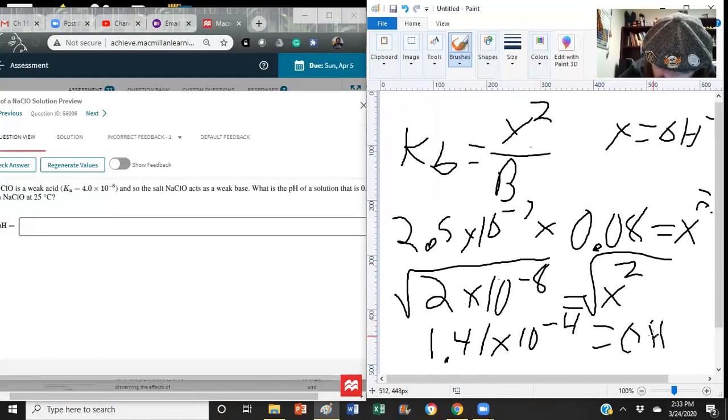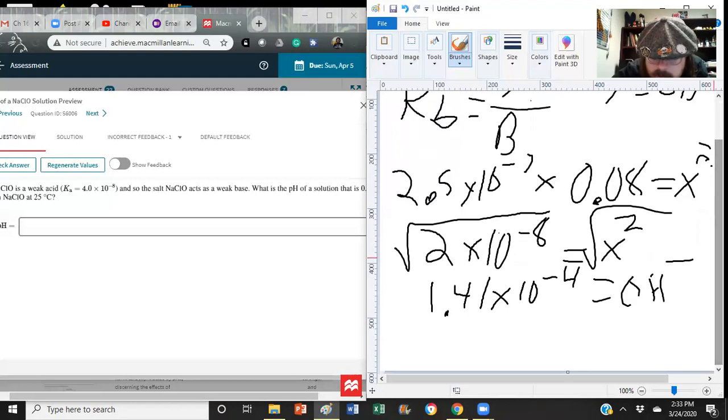Because this is the OH minus concentration, we take the negative log to get our pOH. So remember, because this is OH minus, it gives us a pOH of 3.85. And we are not done there.